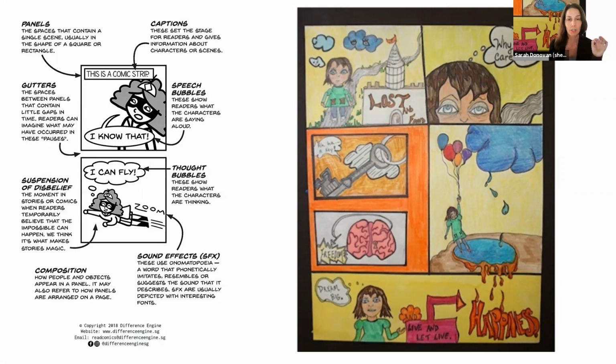There are gutters, which are the space in between each panel. There are speech bubbles, what the character says. There are thought bubbles that look different, so they might have more grooves around them, and that's the inner thoughts of the characters. You might notice that there are some sound effects, like onomatopoeia, in there as well to show movement.